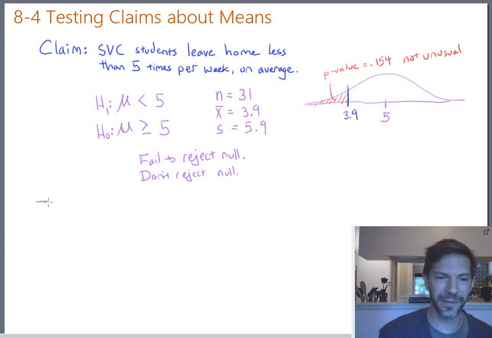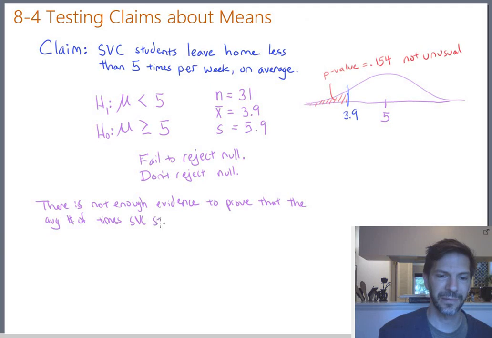So again, I'll say something along the lines of there's no evidence, or the book sometimes likes to say there is not enough evidence, to prove that the average number of times SVC students leave home is less than 5.